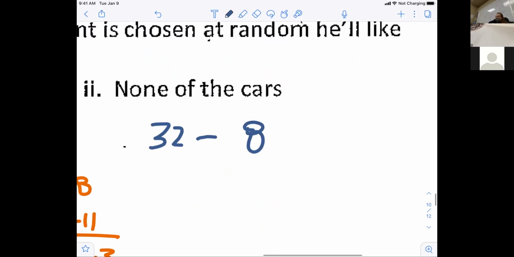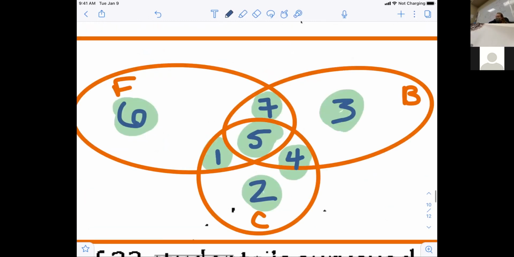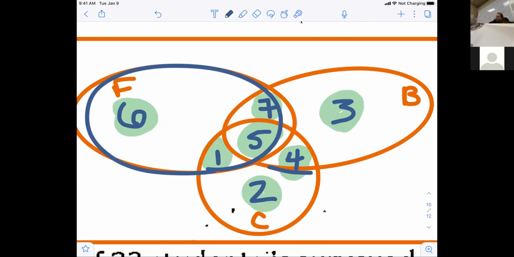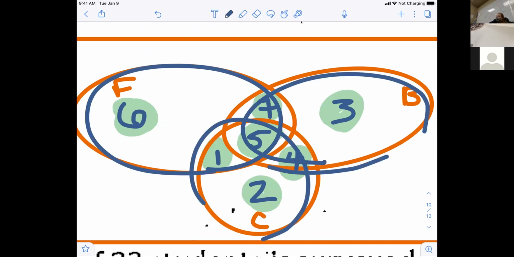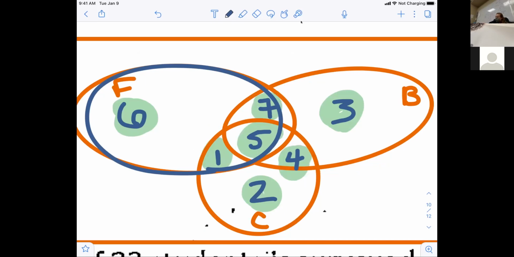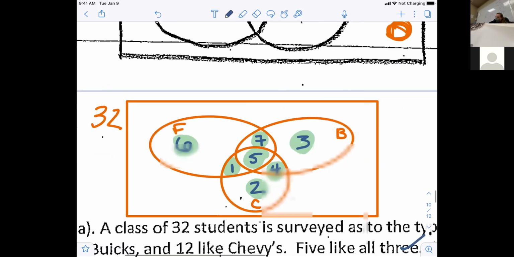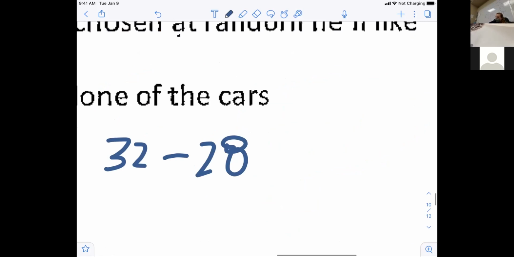You definitely can do that. The problem that people have is they start adding up everything in F, and then they add up everything in B, and then they add up everything in C, and they count like 7 twice, and 5 3 times, and 1 twice. That is too much. Only count each number once. 32 minus 28 is 4. So there are 4 kids that don't like any of these cars.